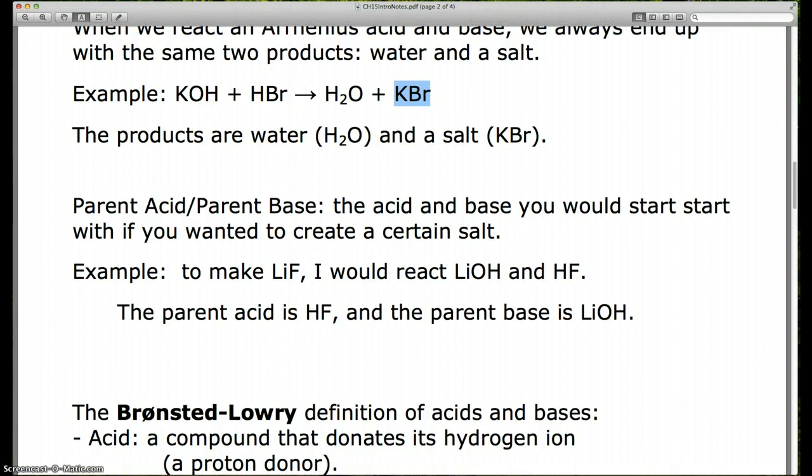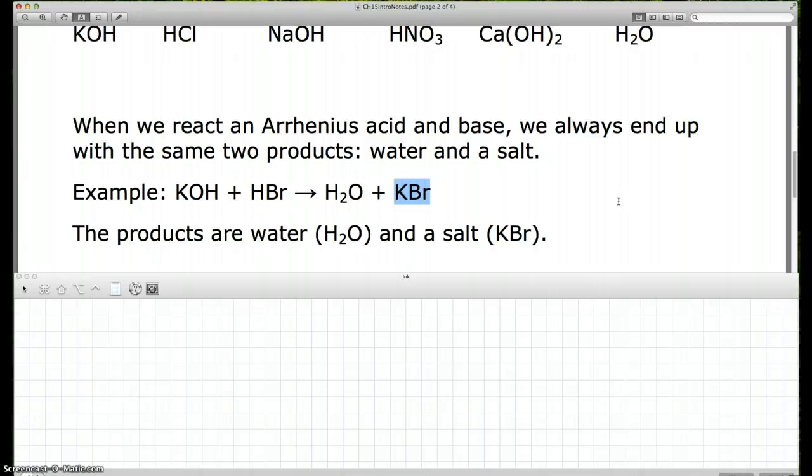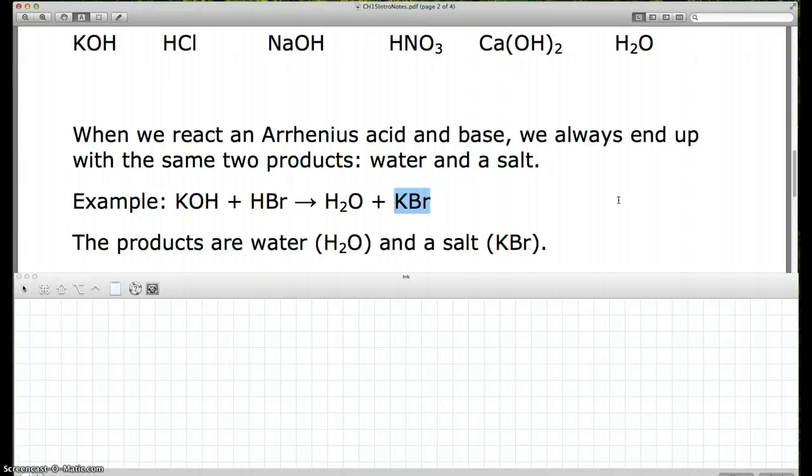Let me bring up my little writing thing here. The easiest way to do that is if I give you the salt, in this case KBr, and I'm trying to figure out the parent acid and the parent base.